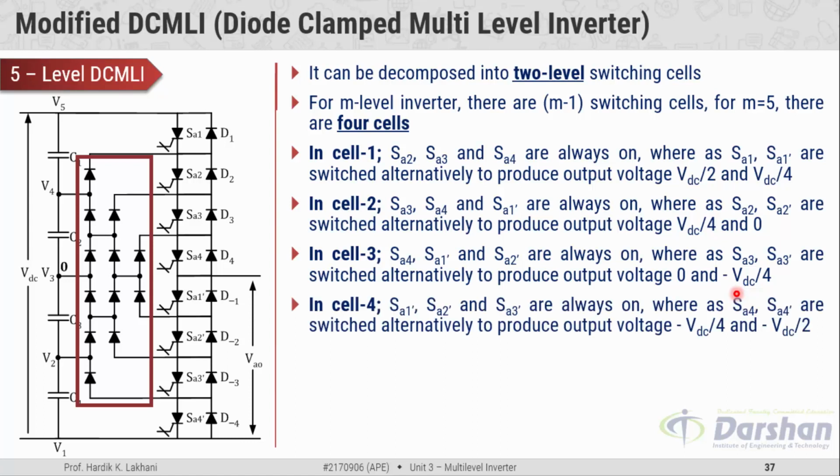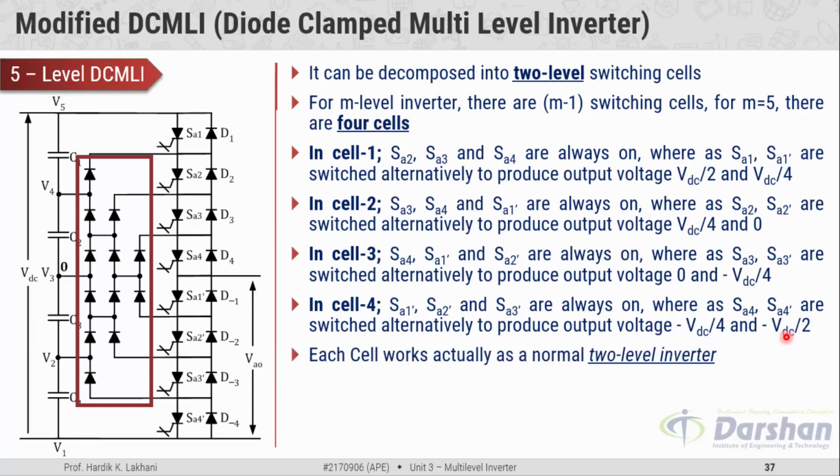In cell 4, SA1 dash, SA2 dash, SA3 dash, these three switches are always kept in the on state, whereas 4 and 4 dash are operated alternatively to produce minus VDC by 4 and minus VDC by 2 magnitude across the output terminal, and that gives us the fourth two-level output.